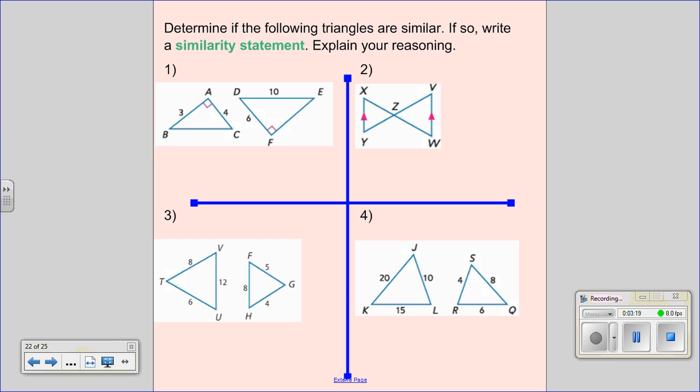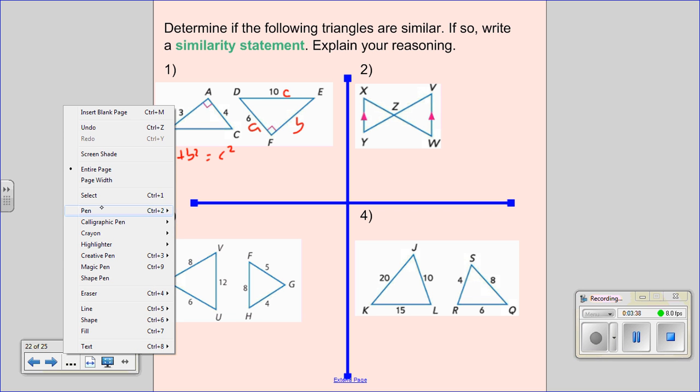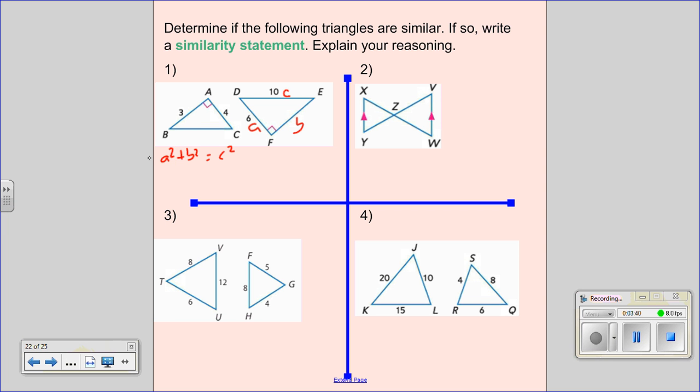The Pythagorean theorem again is a squared plus b squared equals c squared. A and B are the legs, and C is always across from the right angle. So I would now say that 6 squared plus b squared is equal to 10 squared. 6 squared is 36. 10 squared is 100.